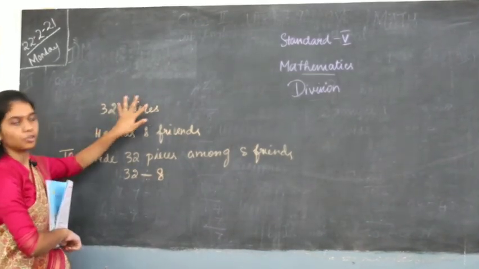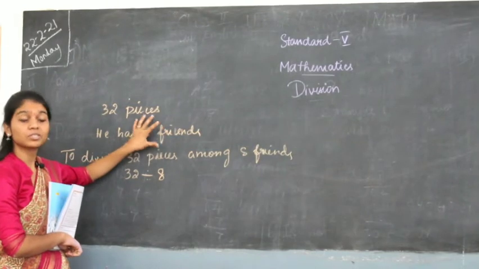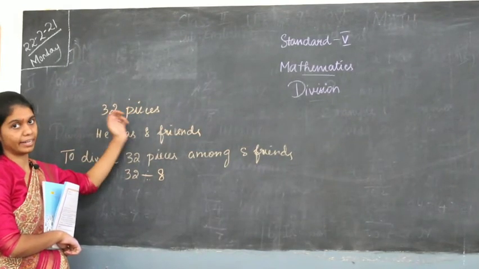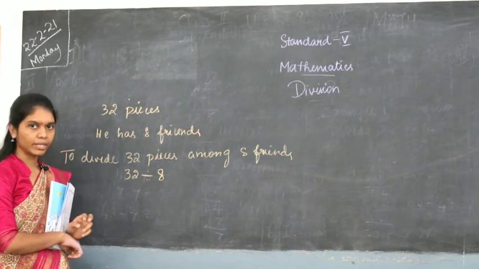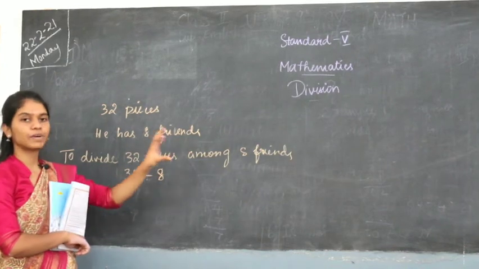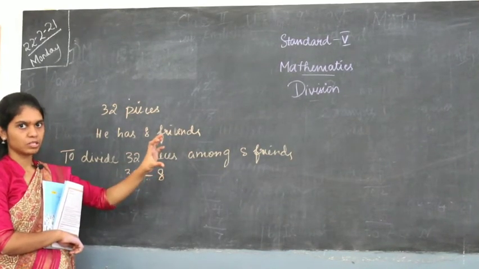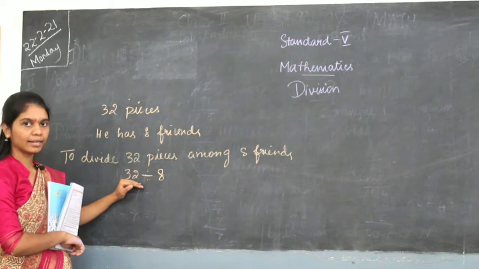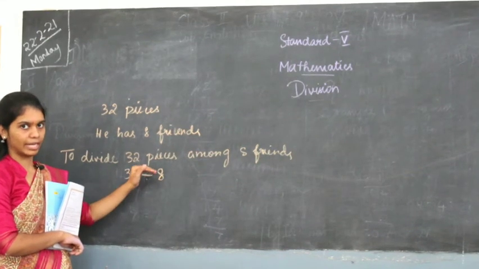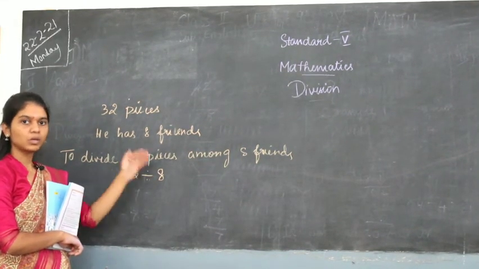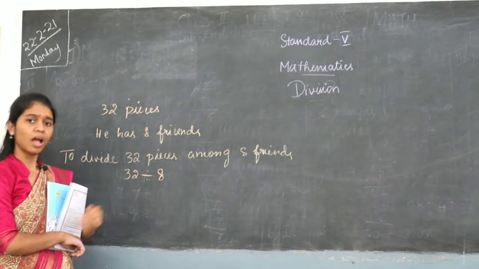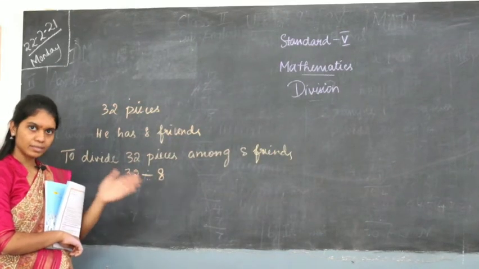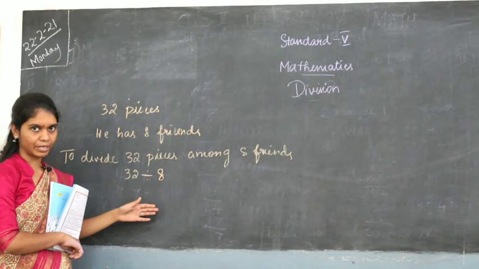He has 32 pieces and he has 8 friends. You have to divide it among 8 friends. So what you will do is you will make a first 8 one. Okay, so what you will do is you will subtract the 8 from 32. Okay, then you will get an answer. Again what you will do? You will again subtract it among the 8 friends, right?